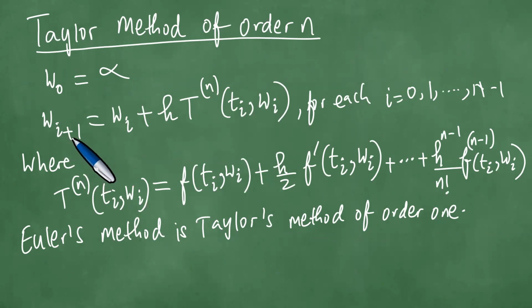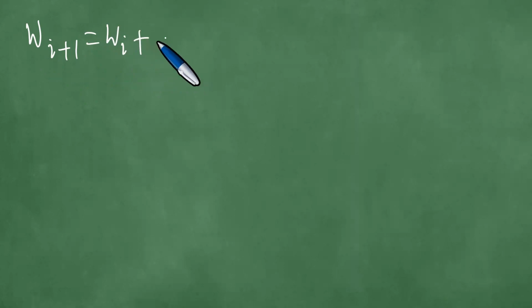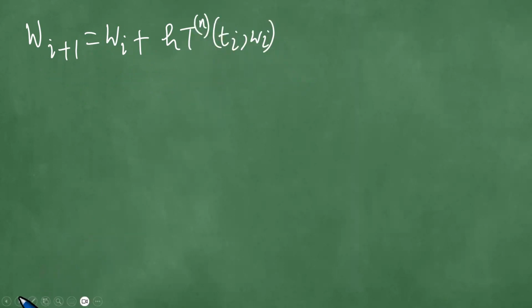Because the formula will therefore say, to get the rest of these, Wi plus 1 is Wi plus h Tn of ti, wi. This is the nth order derivative. So just take note of exactly that there.